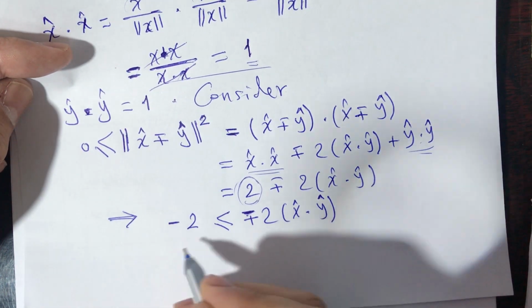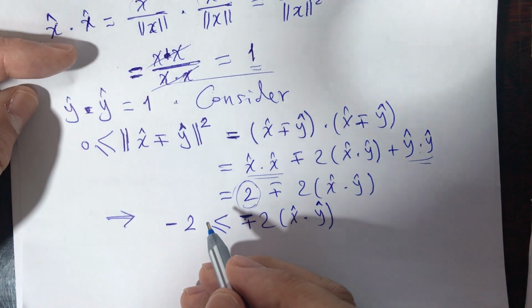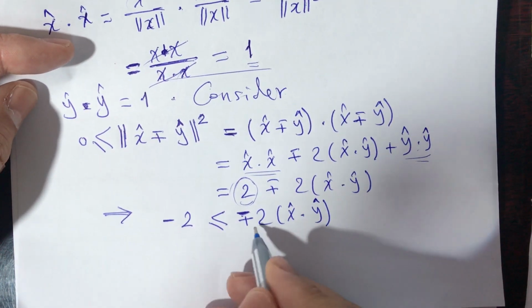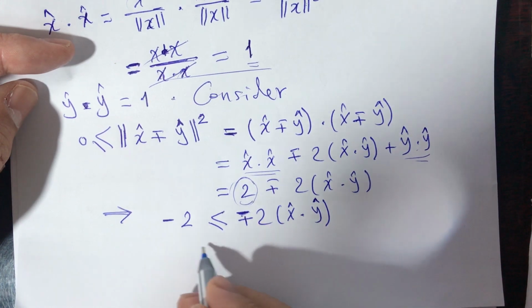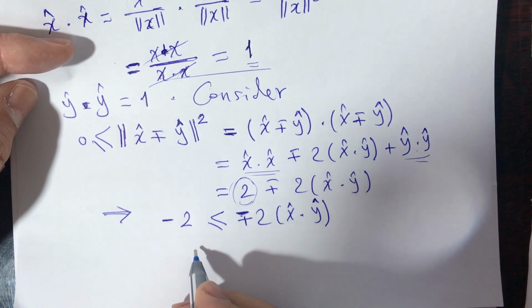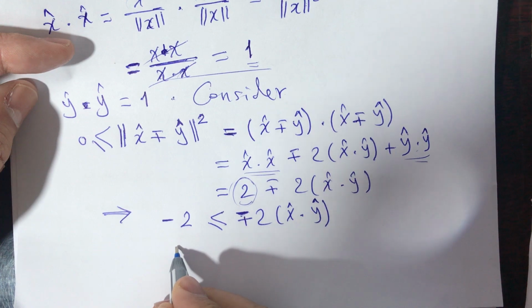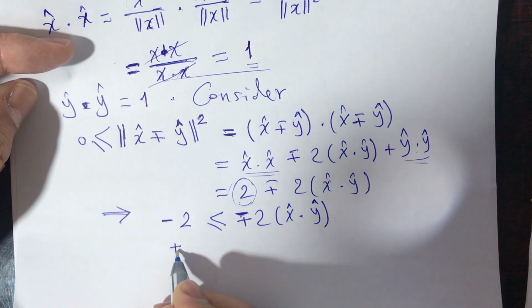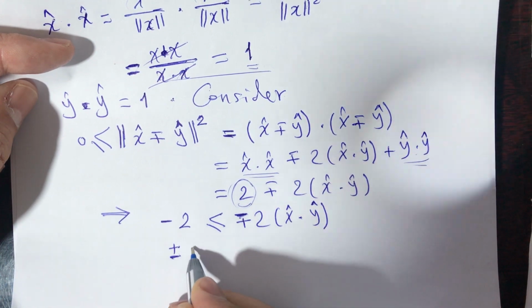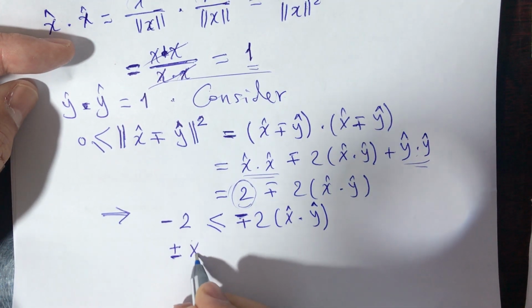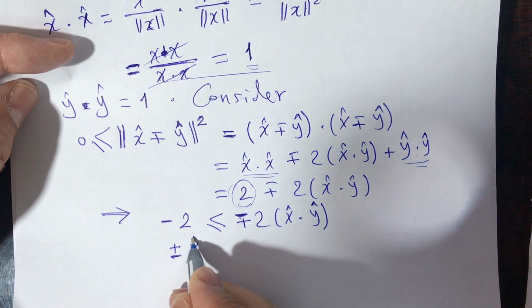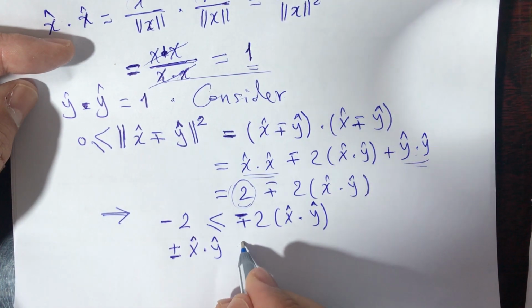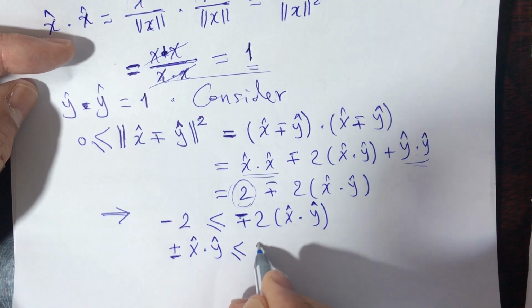We can divide by minus 2, so we get plus or minus x hat dot y hat less than or equal to 1.